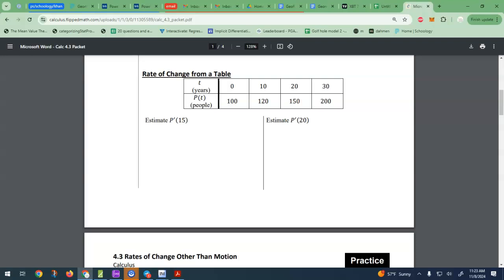So I'm going to do 10 and 20, and just do y2 minus y1, 150 minus 120, over x2 minus x1. So, 30 over 10. I'm not quite sure I can do that accurately, so I'm just going to leave it. People per year. What do you think it is?